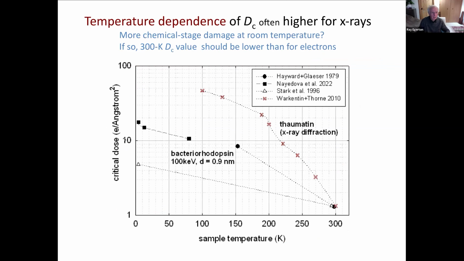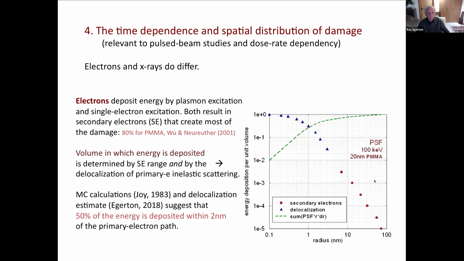So the characteristic dose can only be the same for one particular sample temperature. And I suspect that's going to correspond to a low temperature, and that at higher temperature, the characteristic dose for X-rays is probably going to be smaller, because we're talking about chemical damage, which might be more extensive in a thicker sample, which you often find in the X-ray situation.